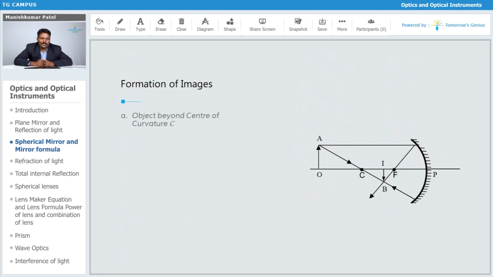Now this is how we are going to form the position of the image based on the various positions of your object. Let's consider the first case, where I keep the object beyond C. The distance up to C is nothing but 2F. So I will write it down: object beyond C, or 2F.